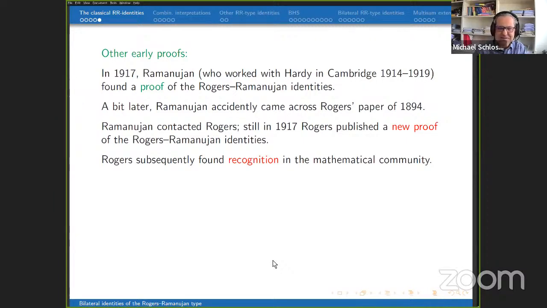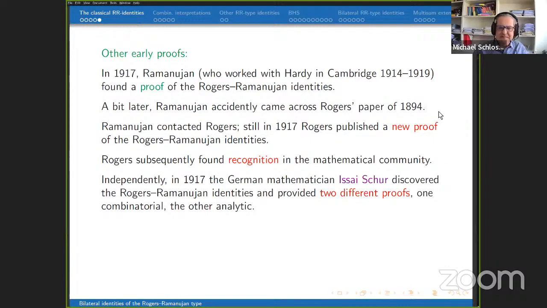And a little bit later, that was actually funny, Ramanujan himself discovered that these identities were already published by Rogers in his paper of 1894, sorry. So Rogers was still around, but in England. And Ramanujan contacted him, and Rogers looked at these identities again, and he published a new proof of them. And I think it was more or less common work.